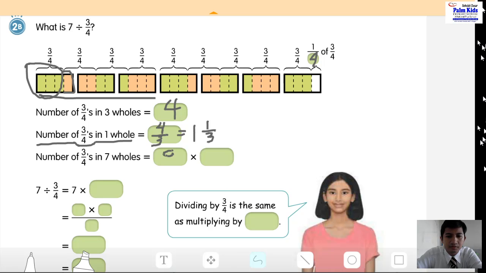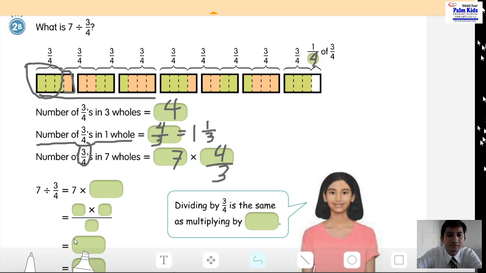Let's do this step by step. So 7 first. 7 multiplied by 4 per 3 equals, remember to switch the numbers of denominator and numerator.